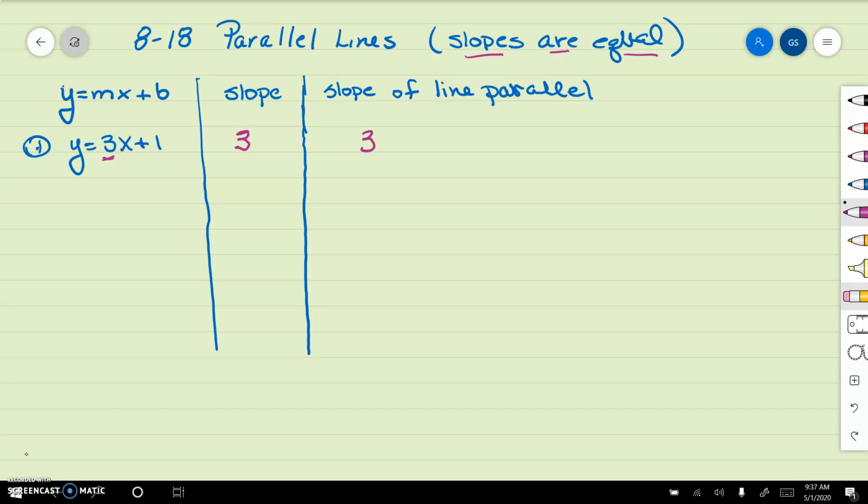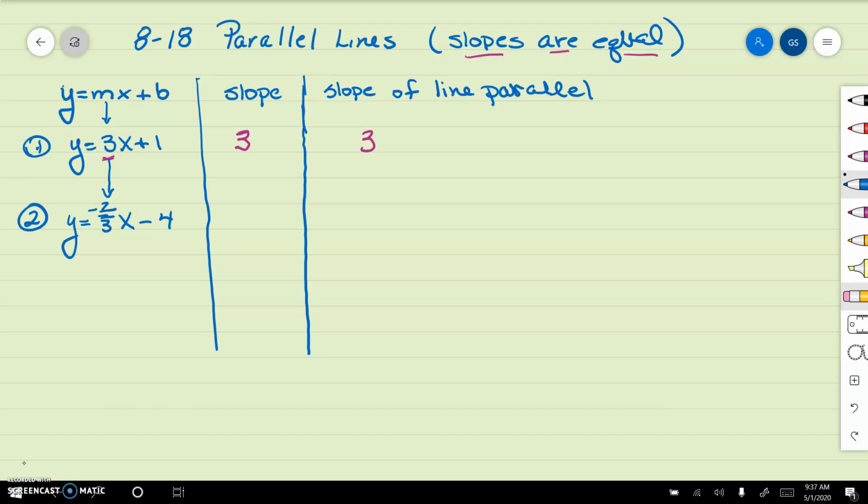All right, let's do another one. Number 2 is y equals negative 2/3 x minus 4. First column, we want to name the slope of the line. Well, the slope of the line is your m. So m was 3 on that one.